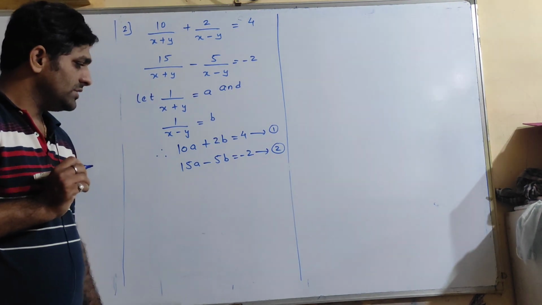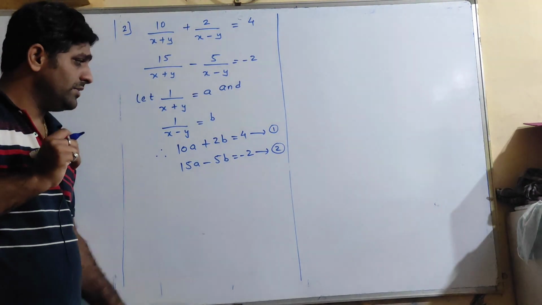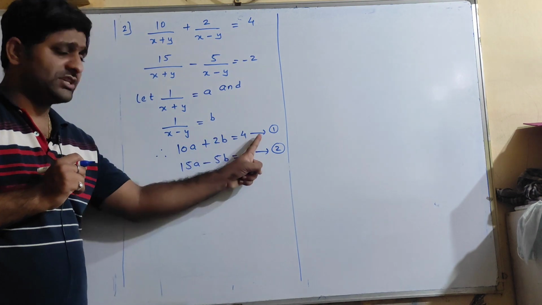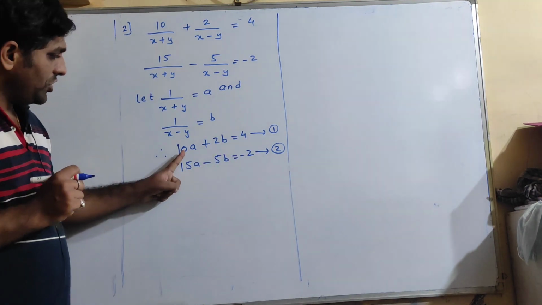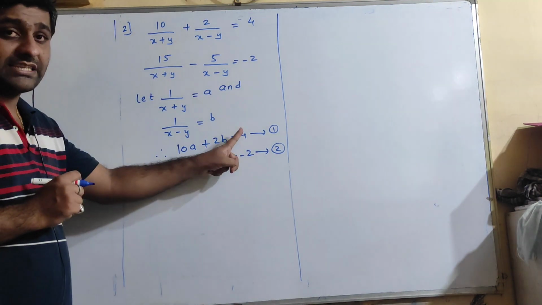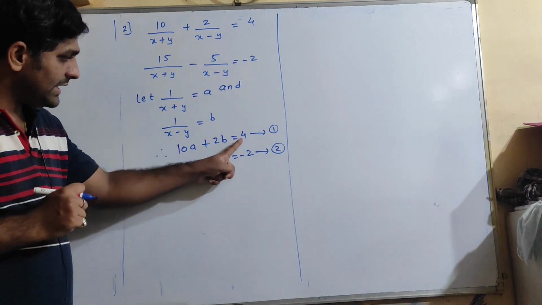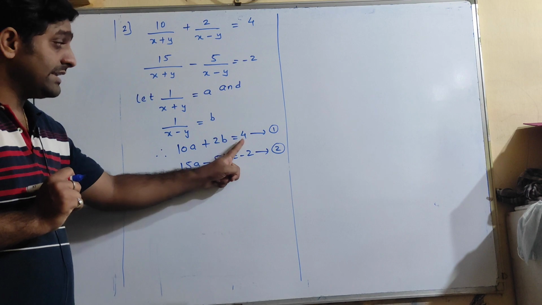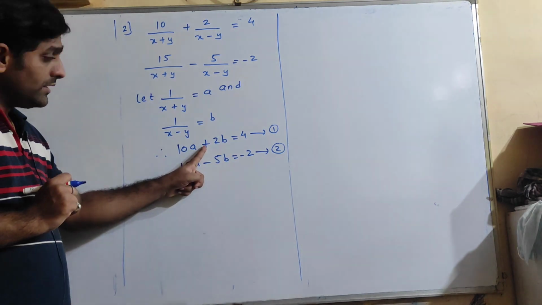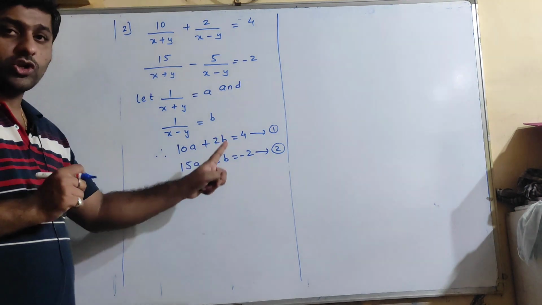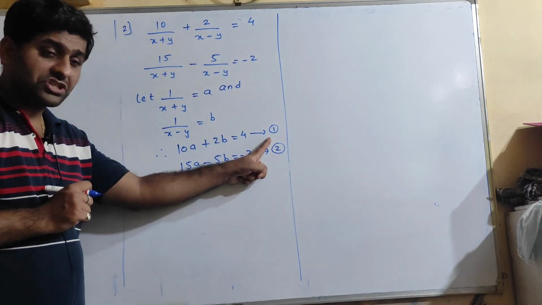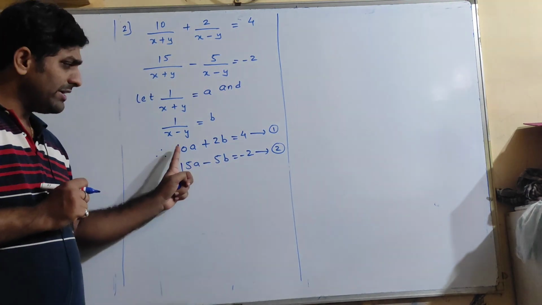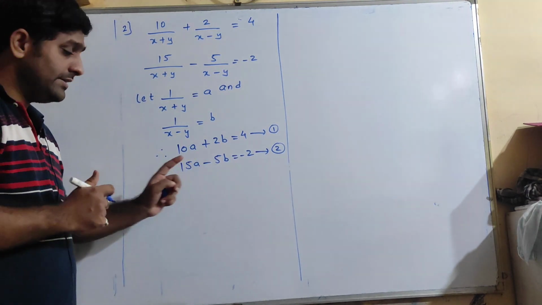Is it clear, students? Now students, pay attention over here. Just look at this first equation. Here what do we observe? That all the numbers, that is the coefficients, are divisible by 2. Correct, students? So over here, what do we do? Dividing equation 1 by 2. So I am dividing the entire equation by 2.